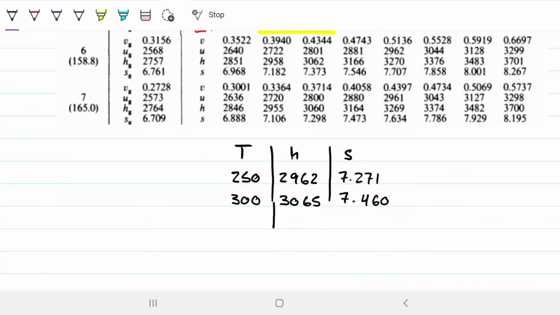So if I want to find things for 260, you just need to do a linear interpolation here. We did a couple of videos on this already, so if you're not sure, I'm going to leave a link somewhere on the top here. And this gives me 2982.6, and for entropy, you get 7.3088. Cool. So we have our values. This is our H1, this is our S1.